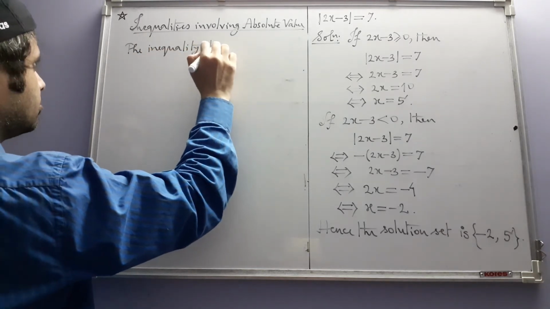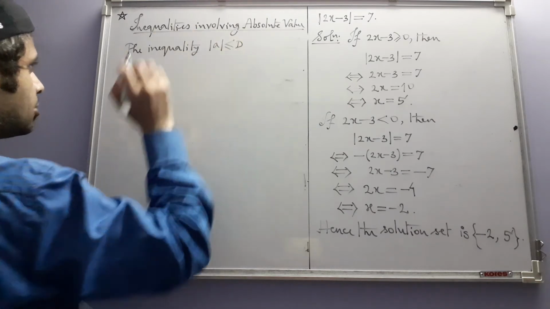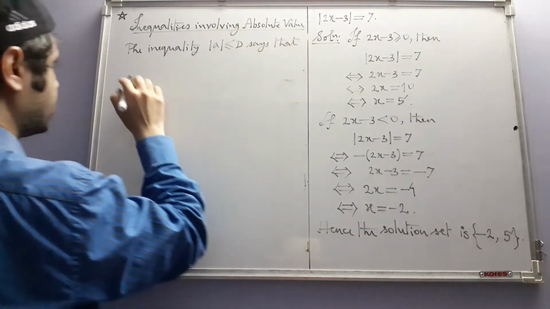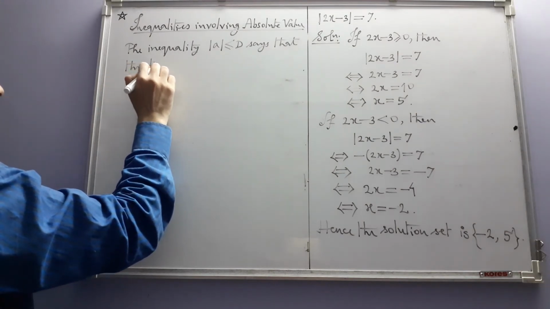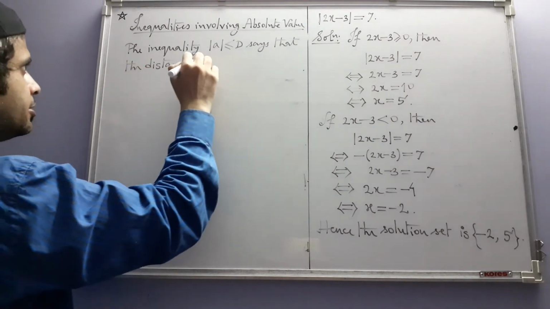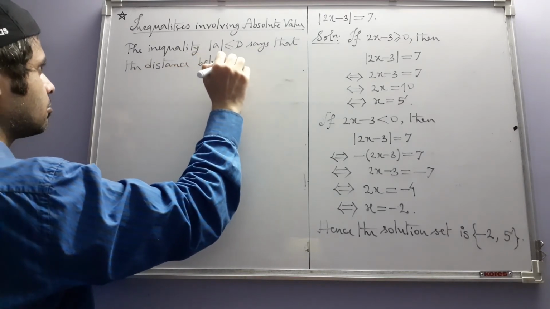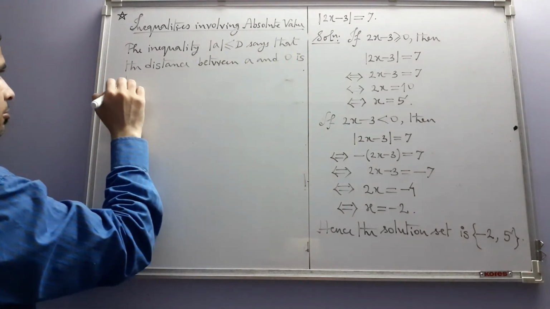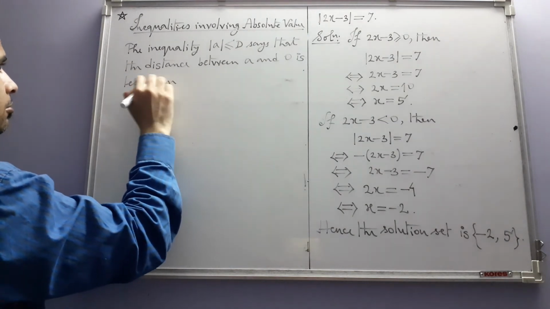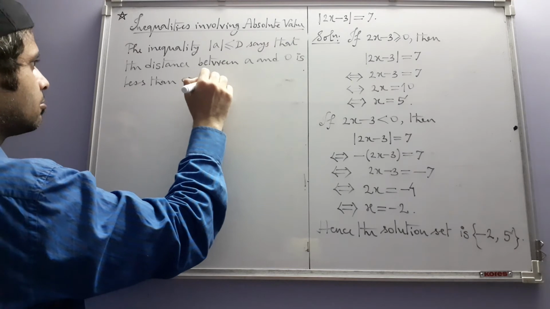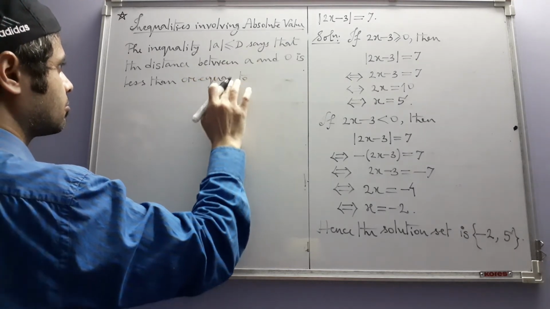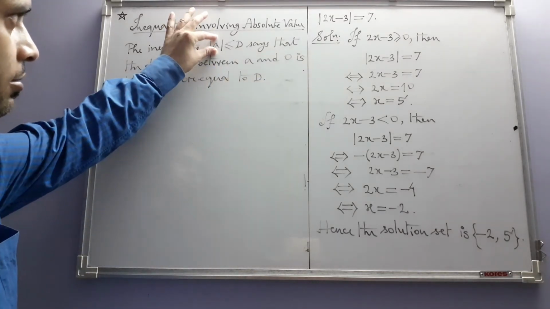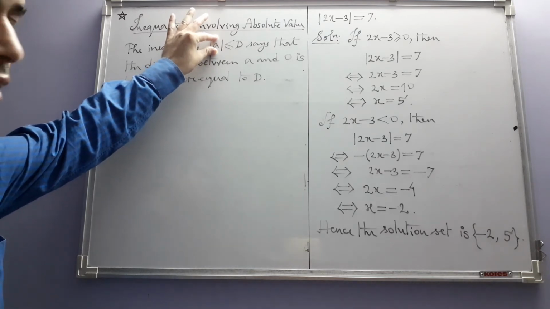The inequality absolute value of A less than or equal to D says that the distance between A and 0 is less than or equal to D, because we have already seen that this is the distance between the number A and the number 0.